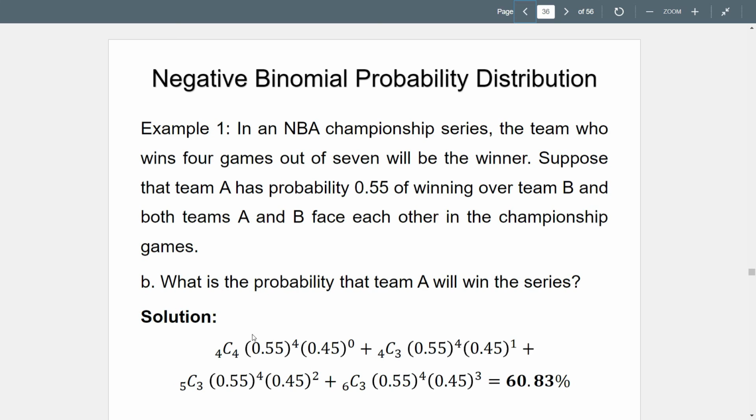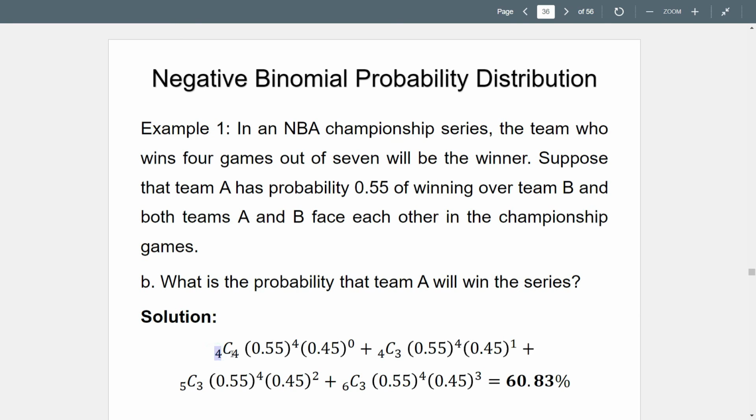So the probability is x minus 1 and k minus 1. For the 4th game, this should be 3 and then 3, so it should be 3C3, because 4 minus 1.